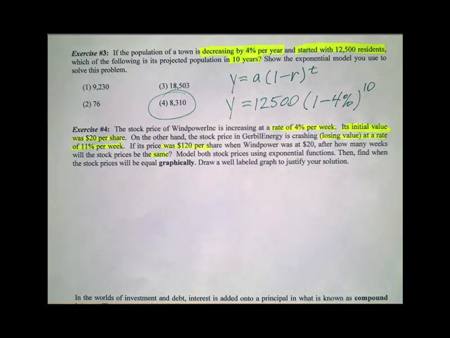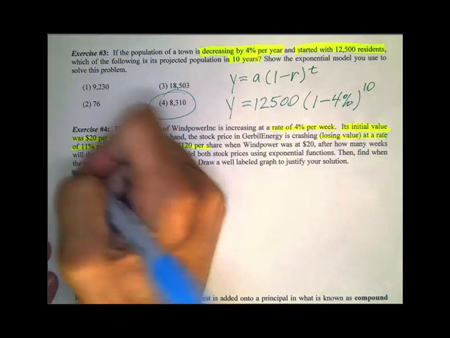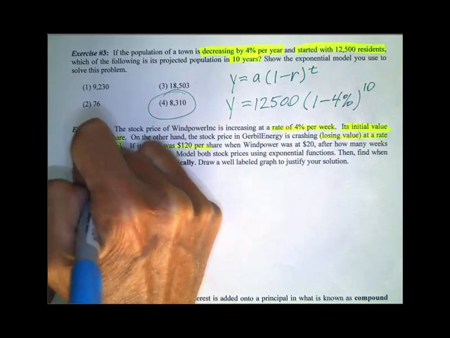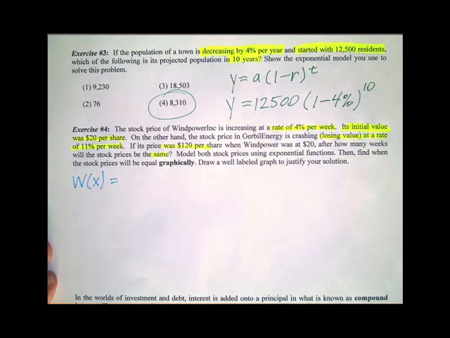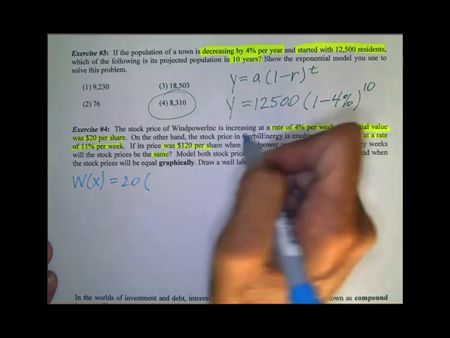Well, if I do it graphically, I have to show everything on that graph and label. Okay? So first, let's write the equations. Wind power, I'm going to write it as W of X, which starts at $20 and is increasing at a rate of 4%.